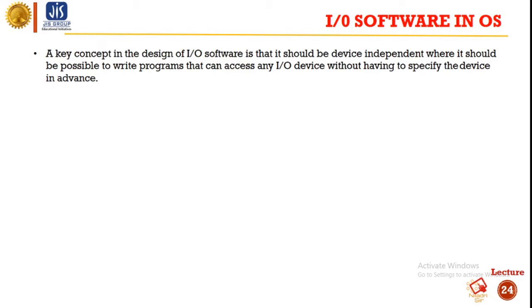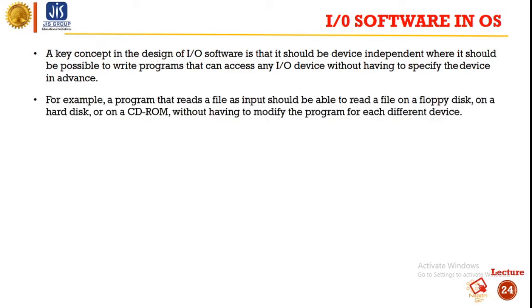Next, a program that reads a file as input should be able to read a file on a floppy disk, on a hard disk, or on a CD-ROM without having to modify the program for each different device.